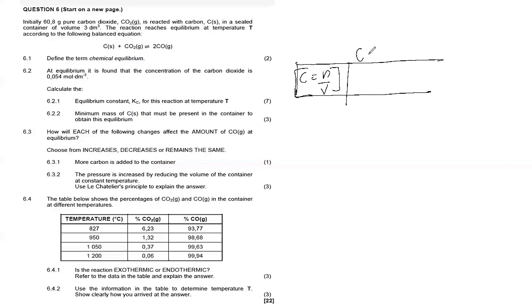Now, the concentration at equilibrium for carbon dioxide, we were given here 0.054. And then the one for carbon monoxide is the one that we did calculate, and we found 0.813. Right. So if you can just run it back, you will see those values. Then 0.054 and then 0.813.